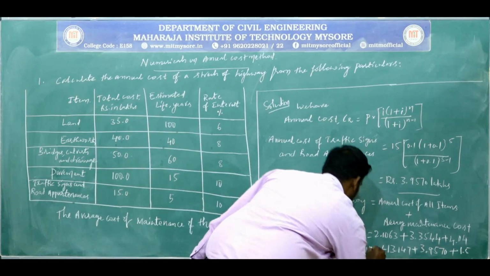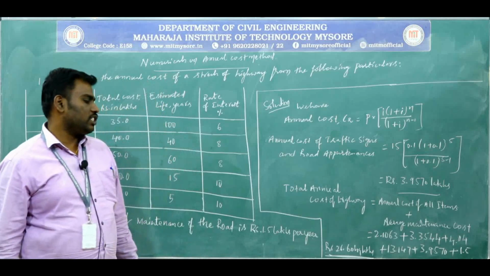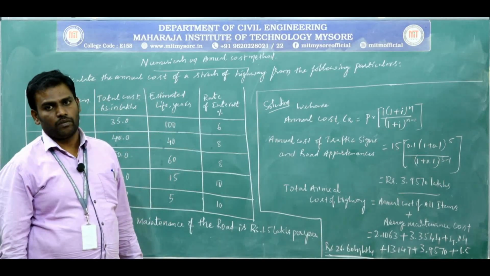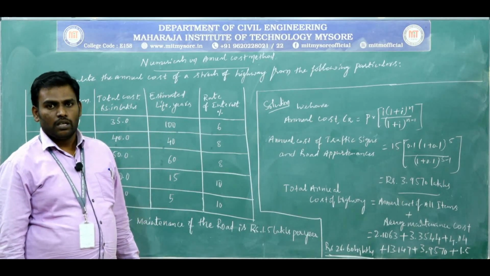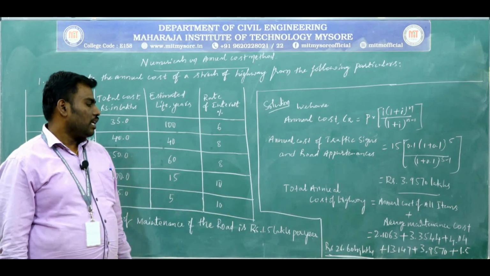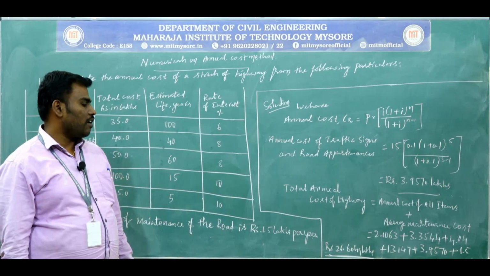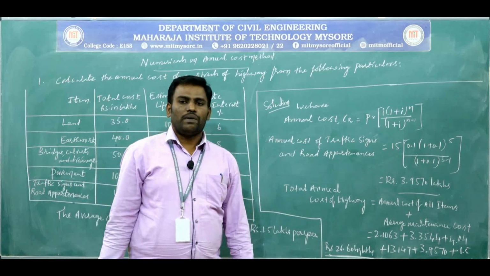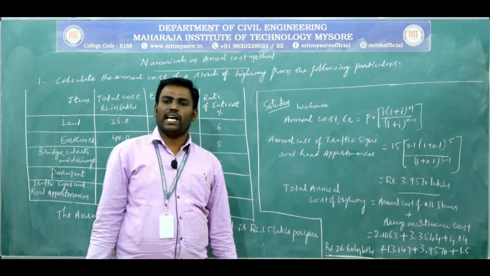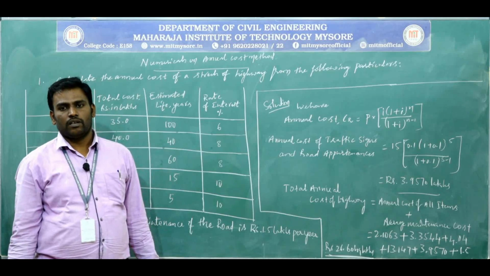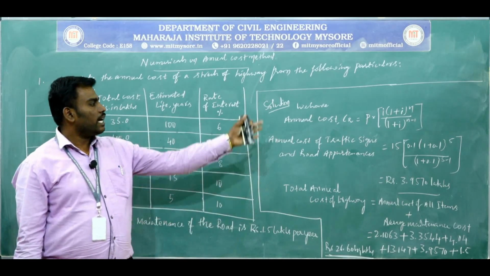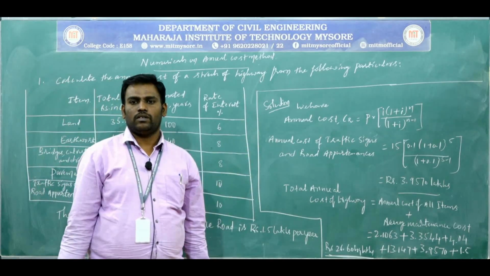It's very important. The total annual cost of highway is about 26.6049 lakhs. This is regarding the first problem.